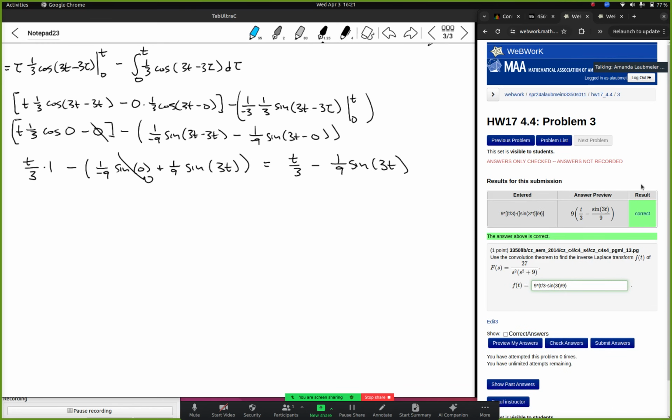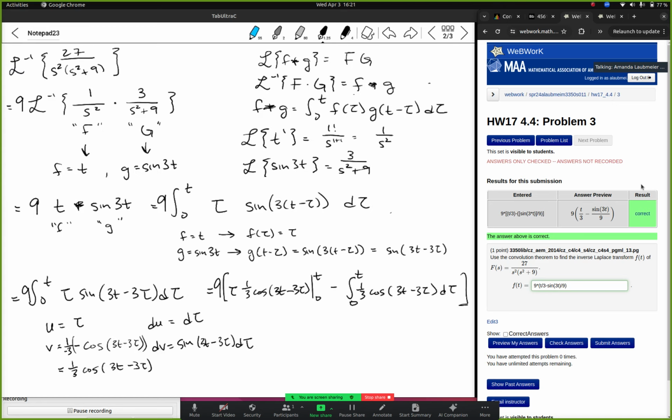There we go. So simplifying all that would actually become 3t minus sine of 3t. I'm glad it was a pretty easy one to fix at the end there. So yeah, that's how this problem goes.